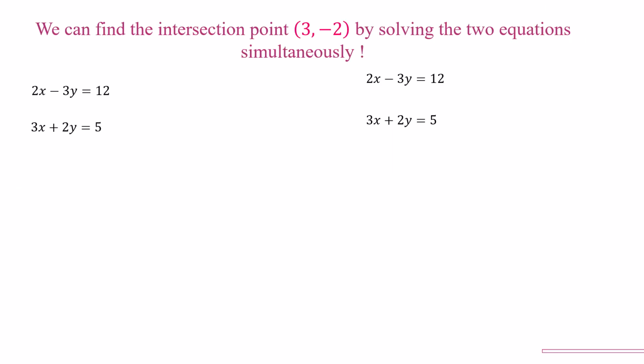Alright, another way of finding this intersection point is that we can solve these two equations simultaneously using algebra. So what I'm going to do here is employ the elimination method. Elimination method means if we look at both equations, we have two variables, x and y.